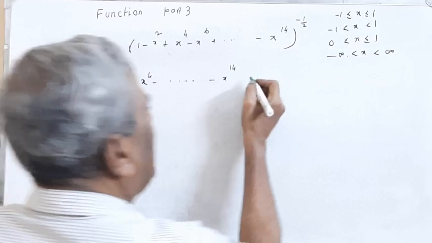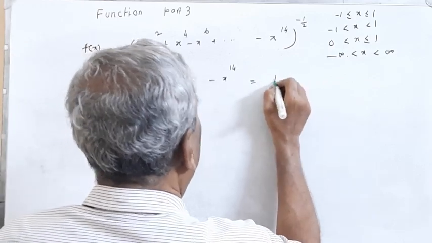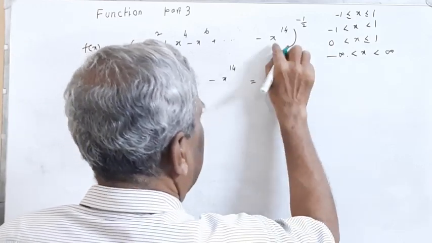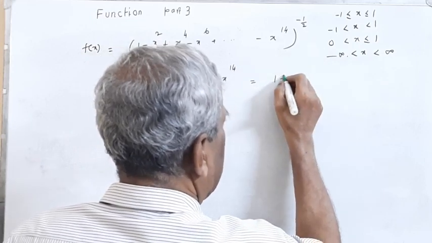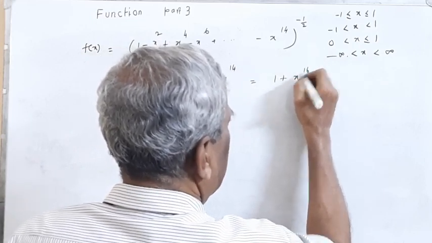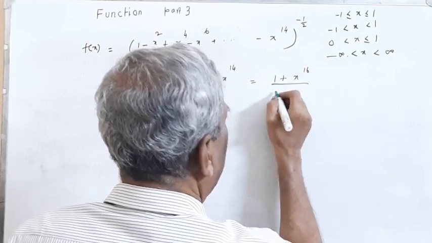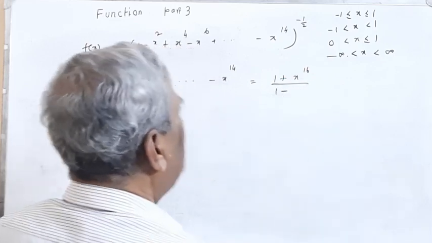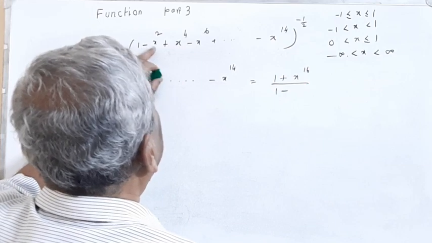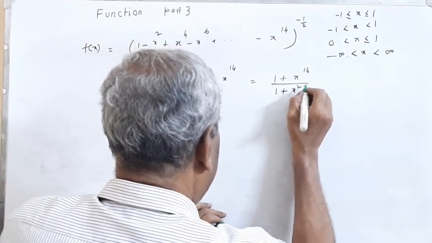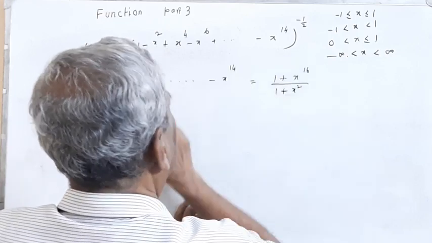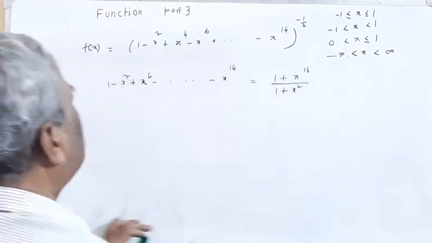So its sum is equal to first term minus next higher term, which is minus x to the power 14, next higher term will be x to the power 16, divided by 1 minus common ratio. Common ratio is minus x square, so 1 minus this. So this is equal to that.